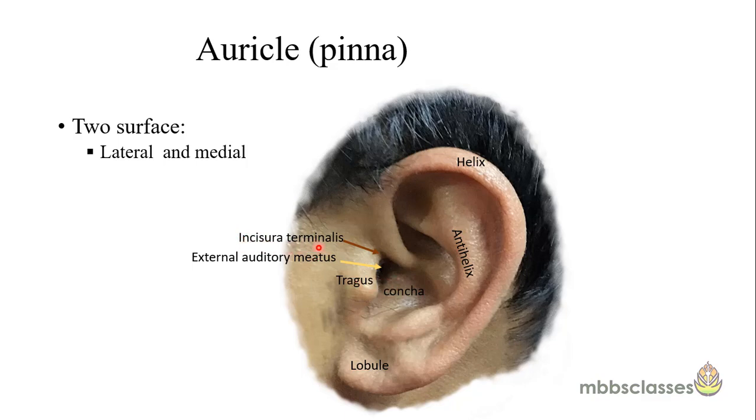I have highlighted one anatomical area of clinical importance, the incisura terminalis. It lies between the tragus and the starting point of the helix. In this incisura terminalis, the cartilage is dehiscent, and the importance we'll discuss later on.